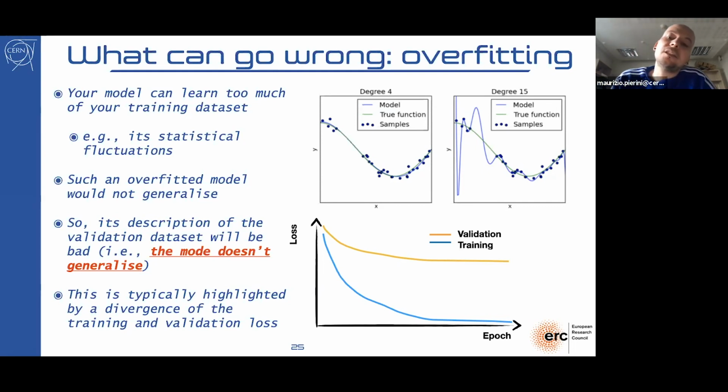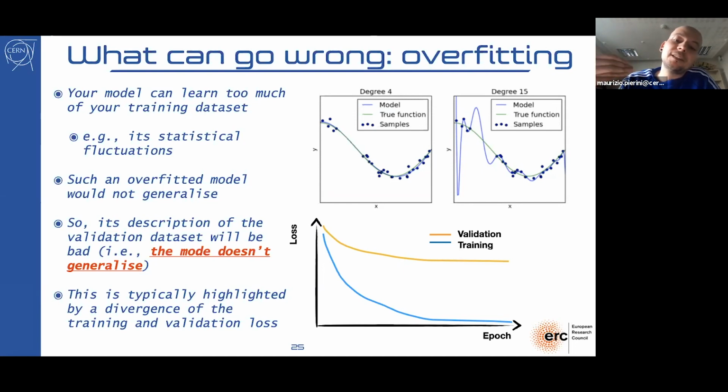And this is typically seen in your training. What you will see is the loss function for the training data set that goes down and keeps going down and down and down, which means that you're basically learning not only the solution to your problem, but also all the fluctuations of your specific data set around that solution.